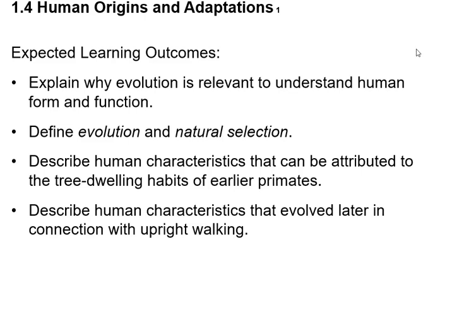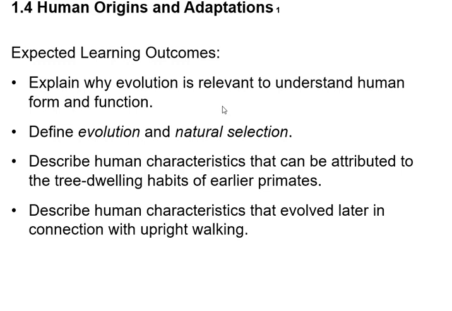So we'll leave theories and laws and hypotheses and scientific method behind us and move on to talking about evolution and why it helps us to understand how humans are formed, what is our anatomy, and what is the function. So we're looking at skulls, we're looking at skeletons.